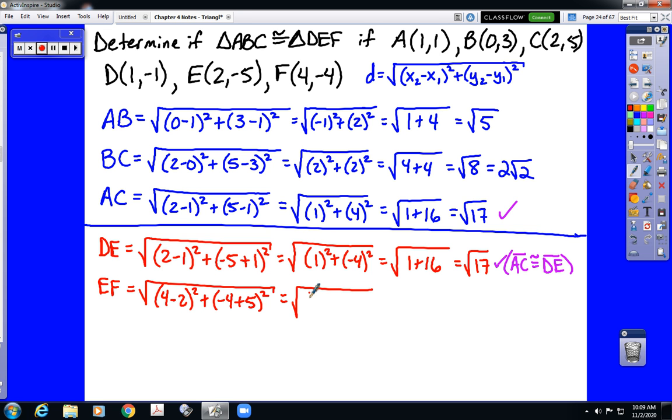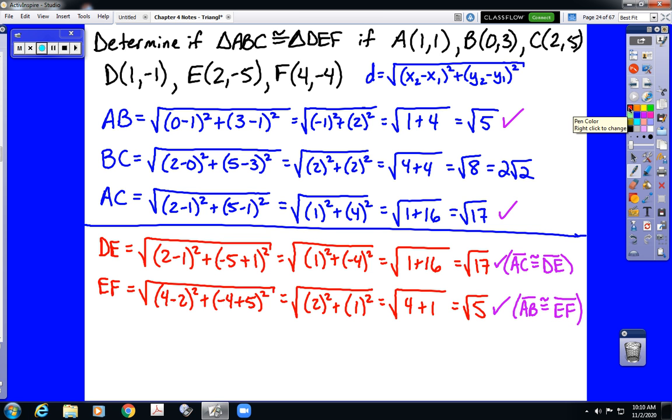So that would be 2 squared plus 1 squared, or 4 plus 1, which is the square root of 5, which does match one of our side lengths. So that's saying that AB is equal to EF, meaning that those line segments are congruent.